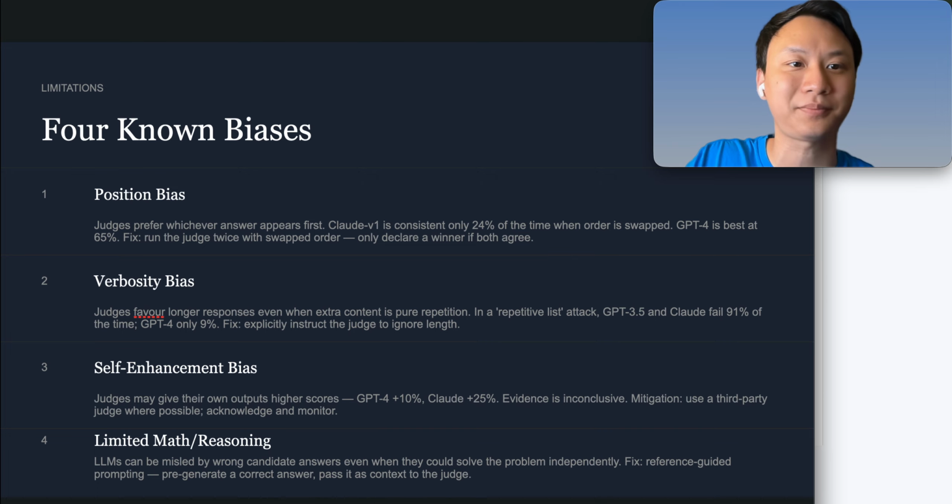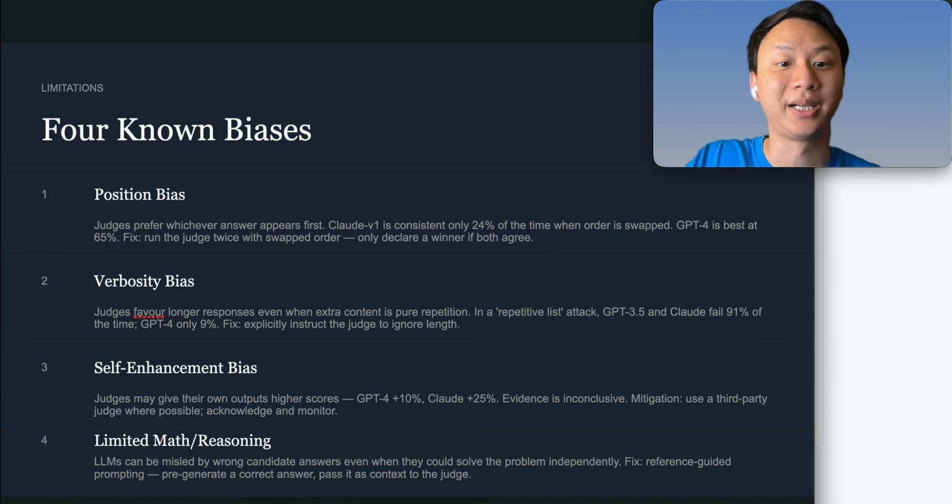So yeah. But this paper also talks about some of the biases that show up. The first is that these LLM judges have a position bias, right? Just like how humans remember the last thing that's told to them the most, an LLM judge has a tendency to prefer the answer that is given first, right?